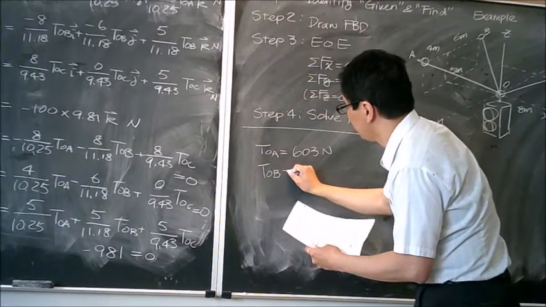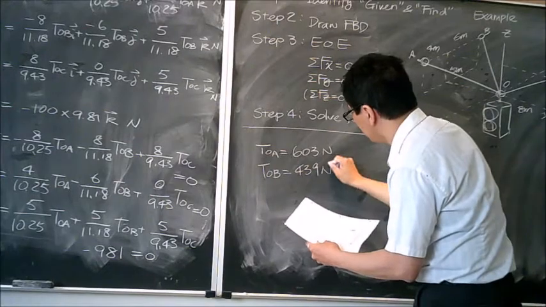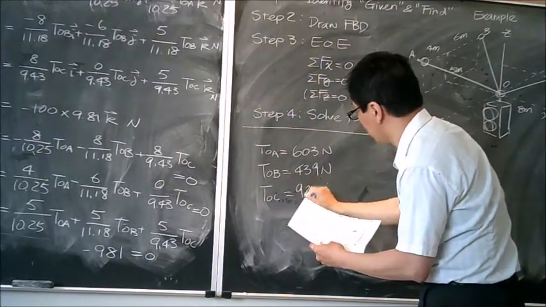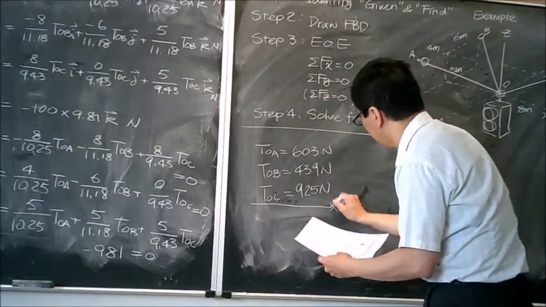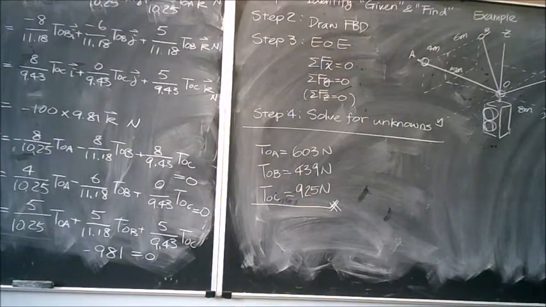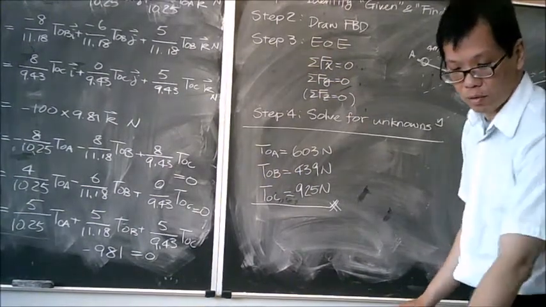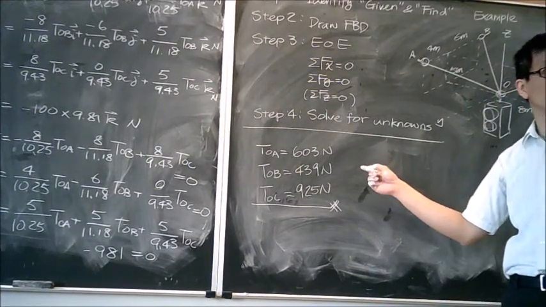POB equals 439 Newton. POC equals 935 Newton. Those are my answers. Is that clear? Everybody understand what I'm talking about?